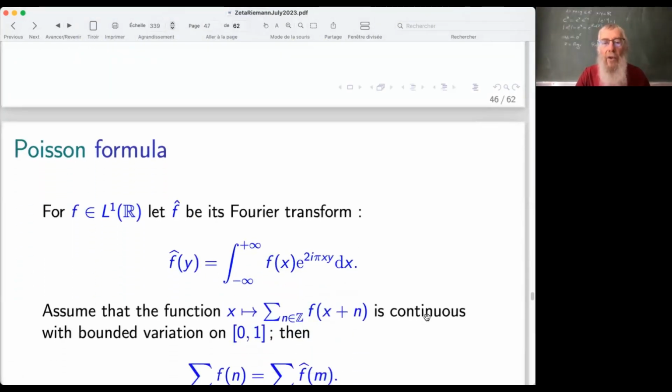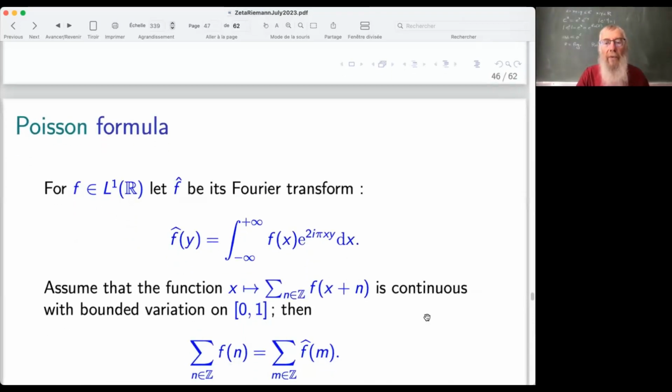I will just say a few words about the next development of the subject, and especially to explain where this formula comes from, the formula which relates xi of s and xi of 1 minus s. It comes from a Poisson formula.